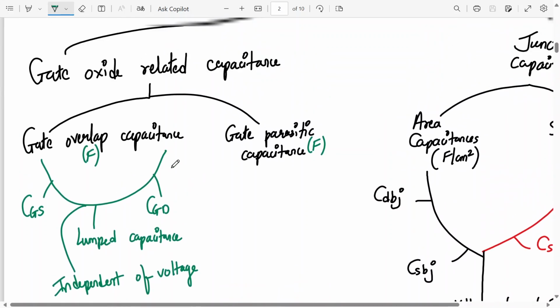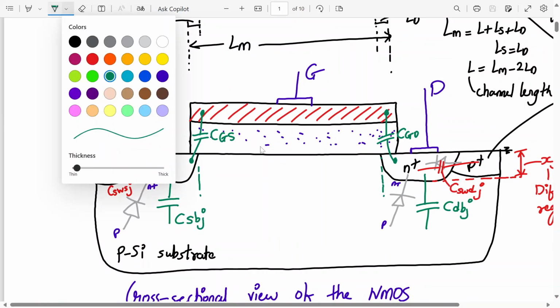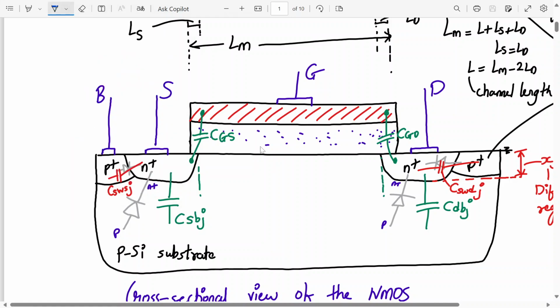Now tell me, in the oxide layer, what capacitance is present? We have to determine what CGS is. What is my capacitance in the oxide layer? Cox, yes or no? Hello, are you able to hear me?